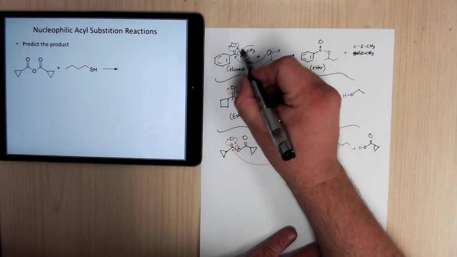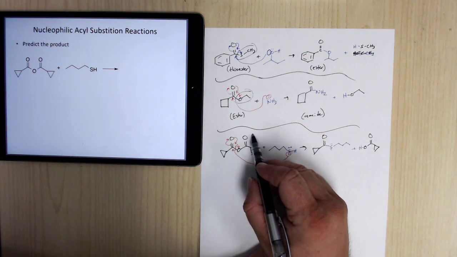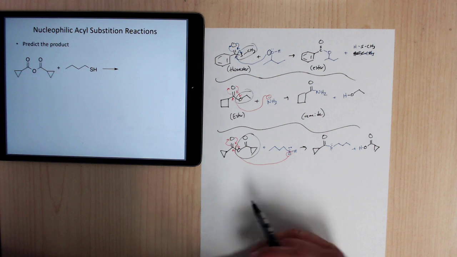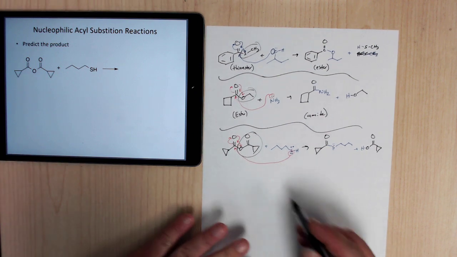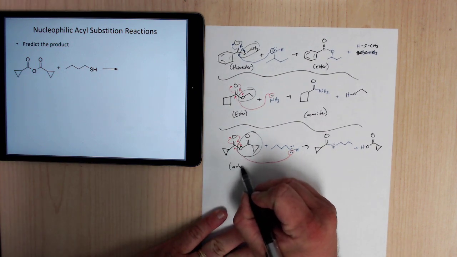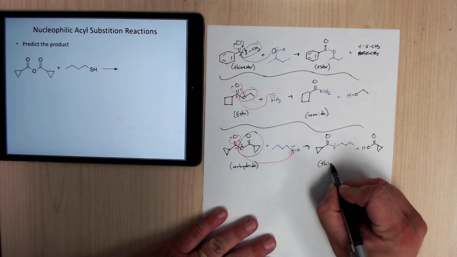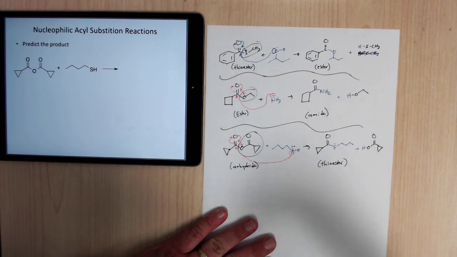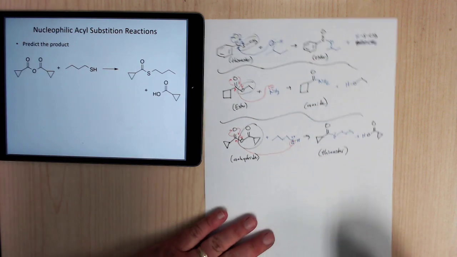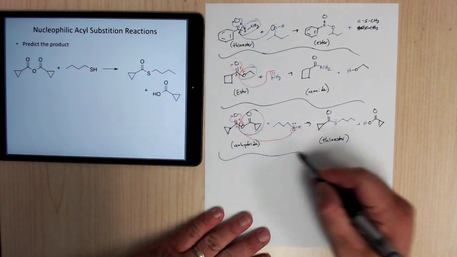Here's your leaving group, here's your leaving group, here's your leaving group. There you go. And again, we're going from an anhydride to a thioester, which if you look back, we're going to be fine. Okay, so there we go.